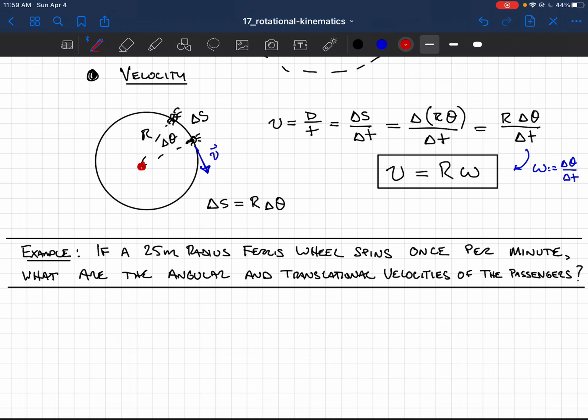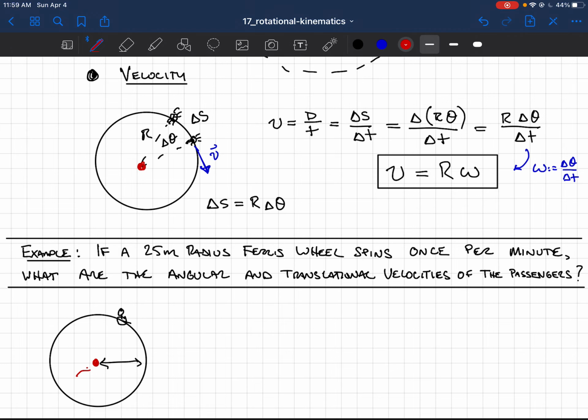If we have a Ferris wheel that spins once per minute and it has a 25-meter radius, what are the angular and translational velocities of the passengers? So here's a passenger here. And we can sketch out what we mean by translational and rotational velocities.